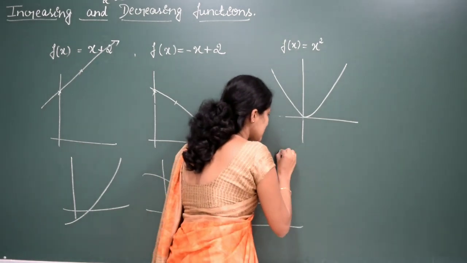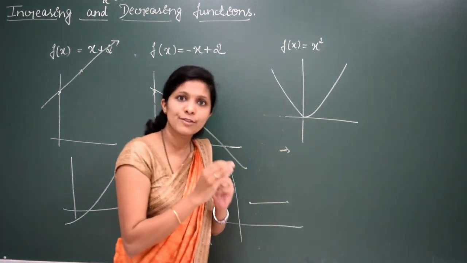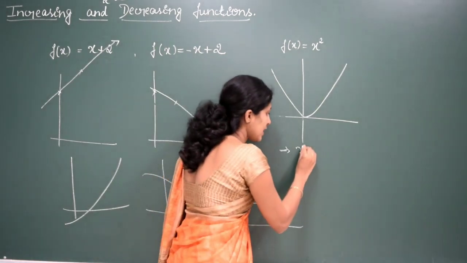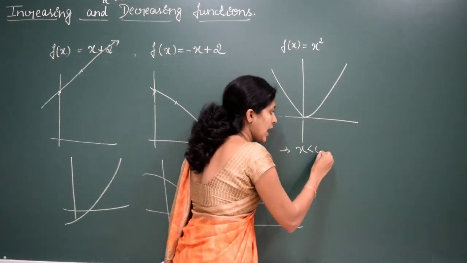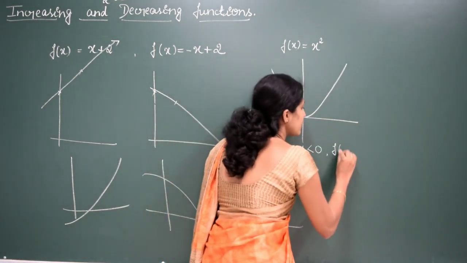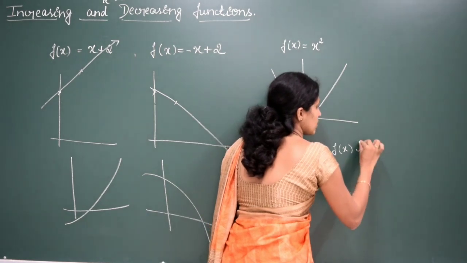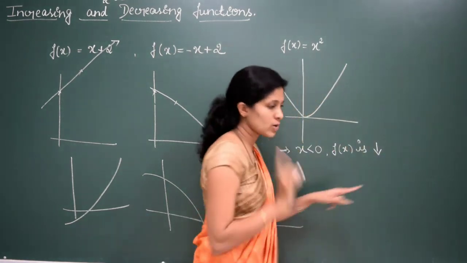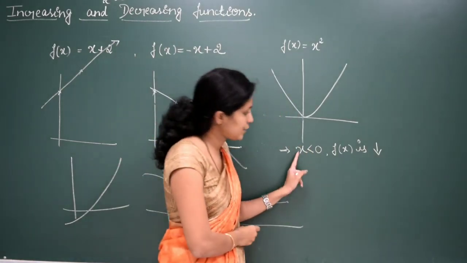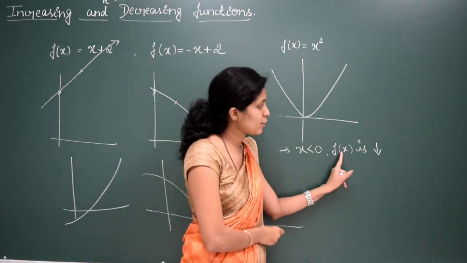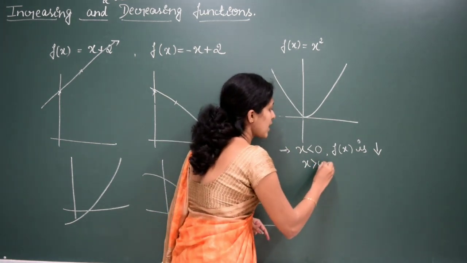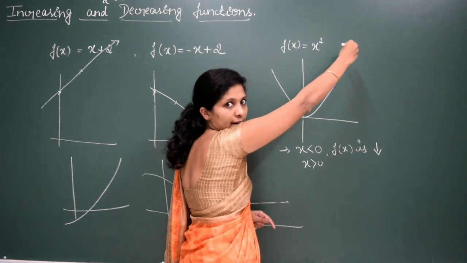But what we can say is, suppose the value of x is less than 0, if you consider the negative values, the function f of x is decreasing. Remember one thing, students, you have to write it as decreasing. So if x is less than 0, f of x is decreasing. If the value of x is greater than 0, if I consider the positive values, then f of x is increasing.